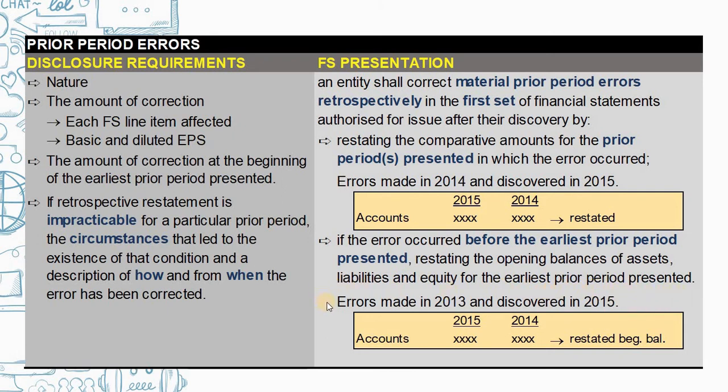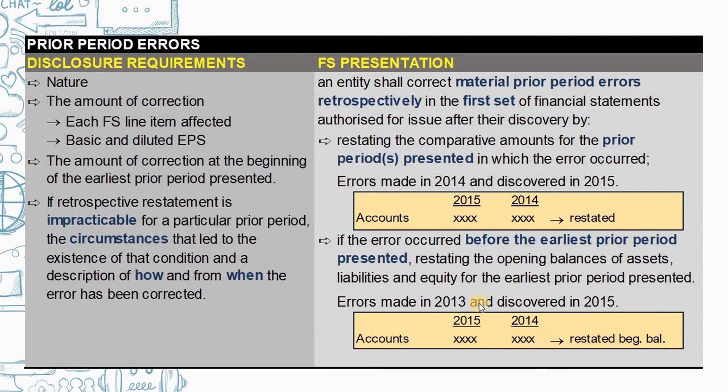So for example, the errors were made in 2013 and discovered in 2015. So again, the current year is 2015 and the financial statements in 2015 is comparative with 2014 financial statement. The error was made in 2013 and it was discovered only in 2015. So 2013 is the period before the earliest prior period presented.